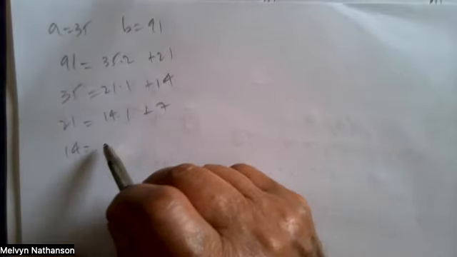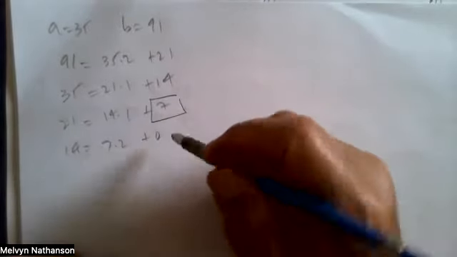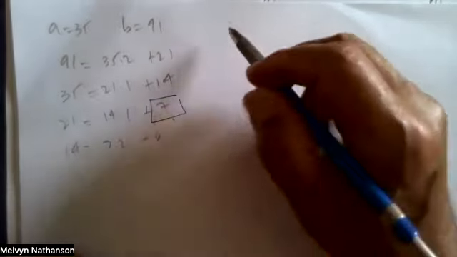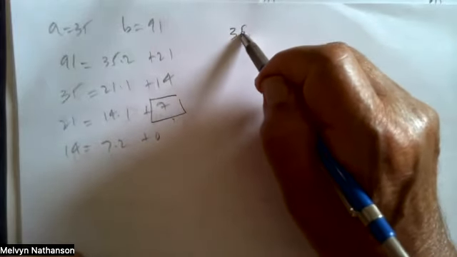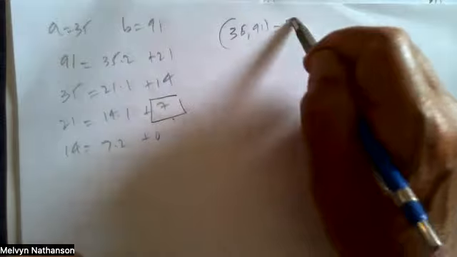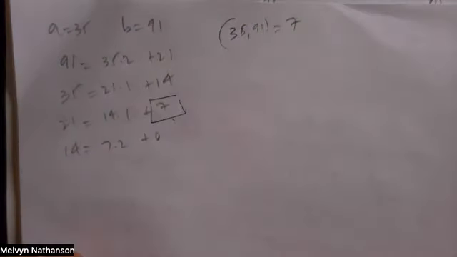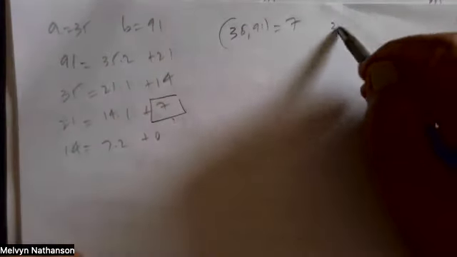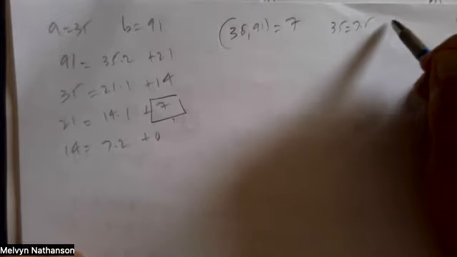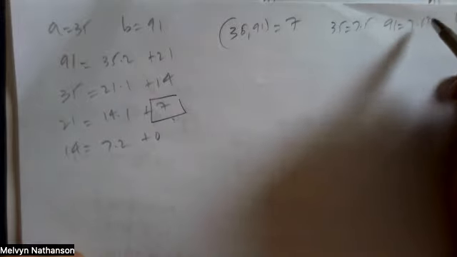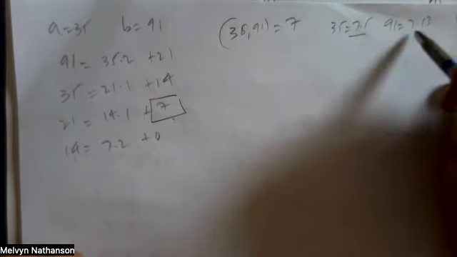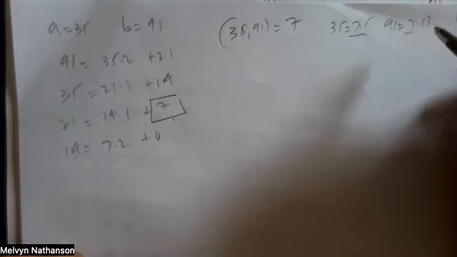Take 14, that's 7 times 2, and a remainder of 0. So the last positive remainder is 7. So the greatest common divisor of 35 and 91 is equal to 7. And in fact, 35 is 7 times 5, and 91 is 7 times 13. So here we see 7 divides 35, 7 divides 91.